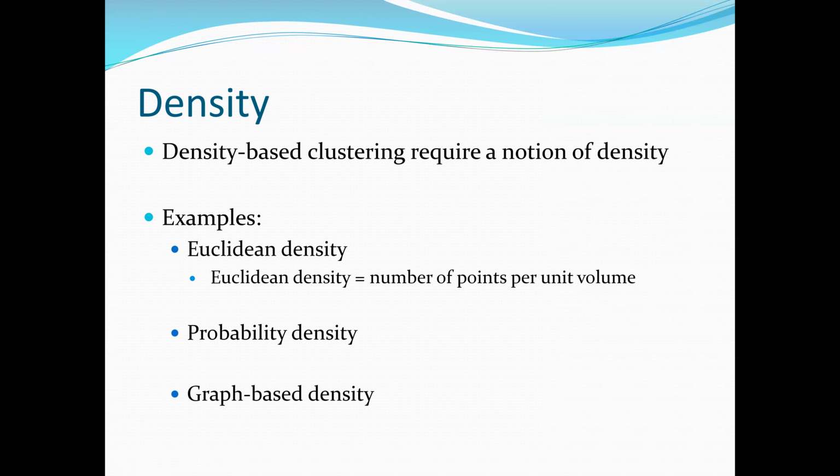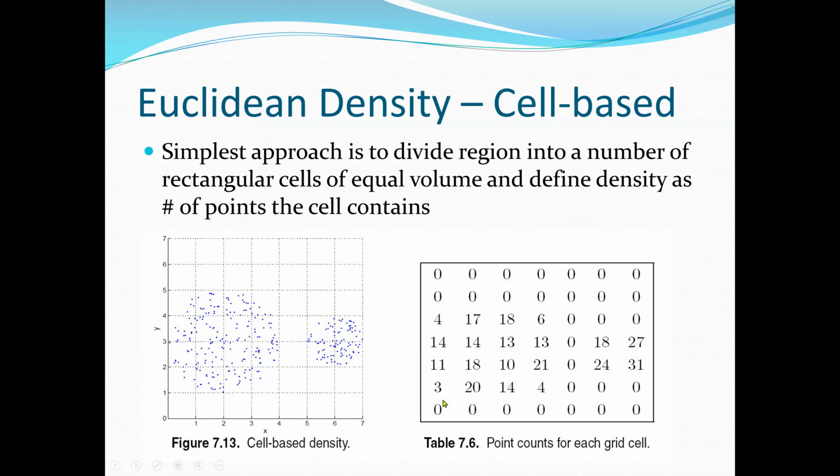Remember, we find the distance between two or more points. To find the Euclidean density, it should be the total number of points within some volume or some range. We can also find the probability density and the graph-based density. We will cover these in more detail in the clustering algorithm.